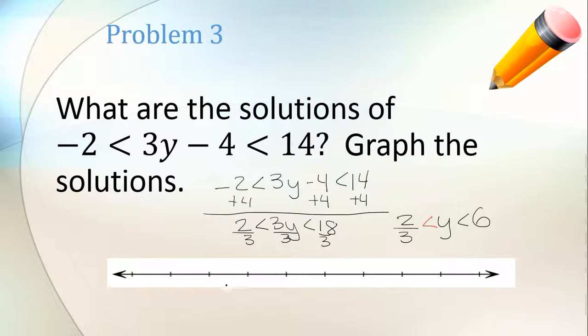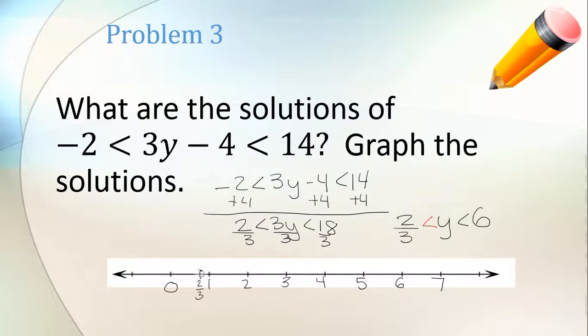So now I'm going to graph that. I'm going to put 2/3 between 0 and 1. So I'm going to go 0, 1, 2, 3, 4, 5, 6, and 7. So 2/3 is between 0 and 1, and it's closer to 1. So I'm going to put 2/3 right here. Just going to make a little note that that's what it is.